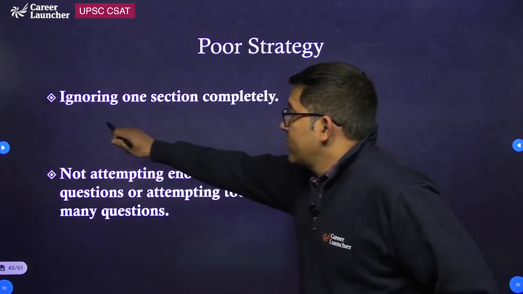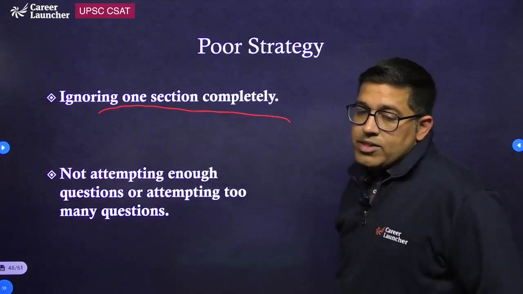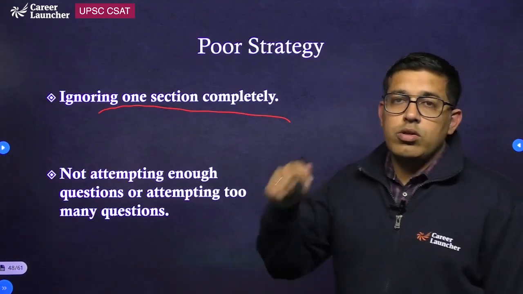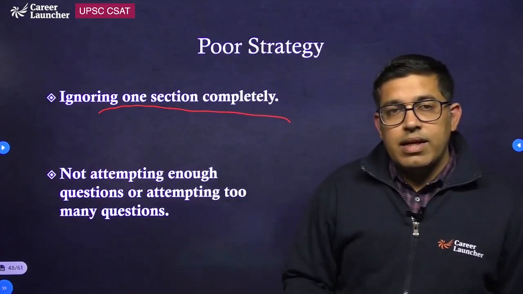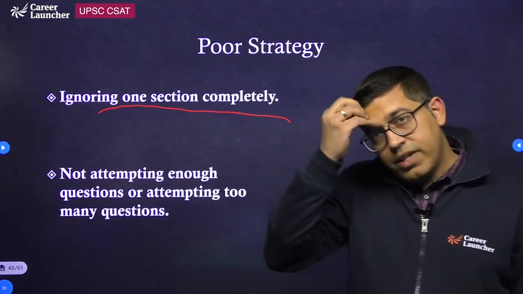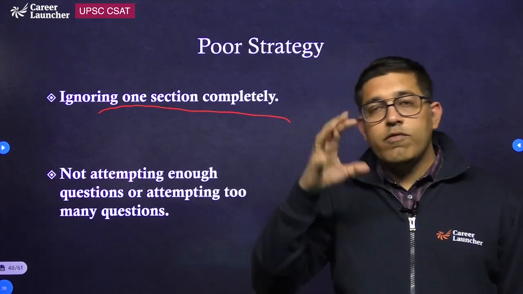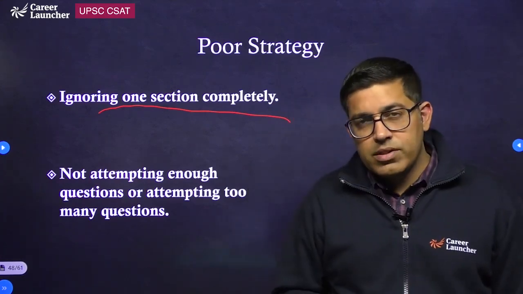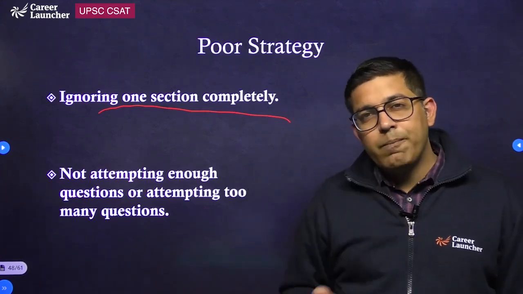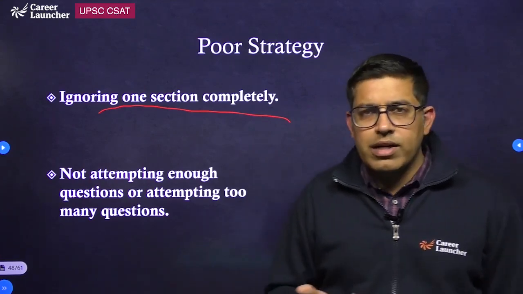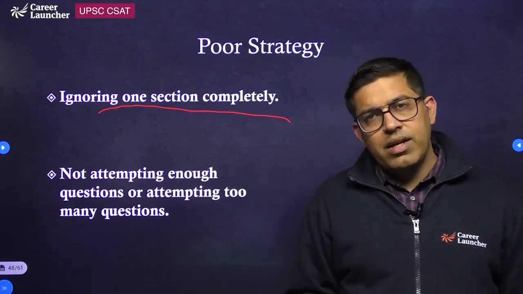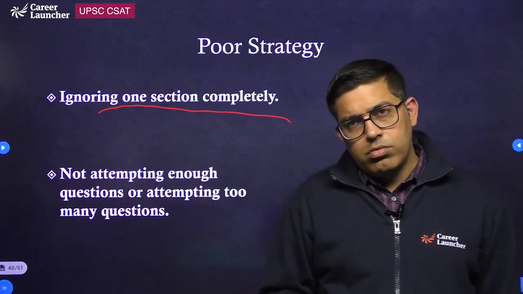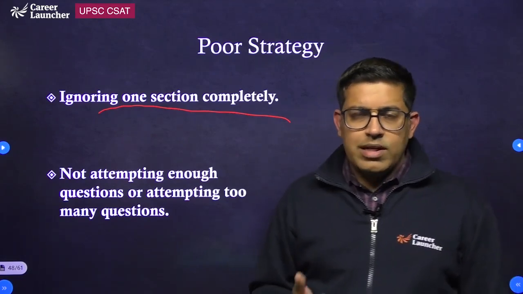Another important thing: ignoring one section completely. You just cannot do that. In every topic, in every section, you will find a few easy questions which you cannot miss. Let's say you are not good at maths and you ignore maths, you say I'll only do reasoning, verbal, and reading comprehension, and I'll clear the paper.